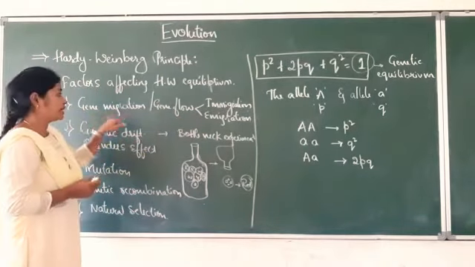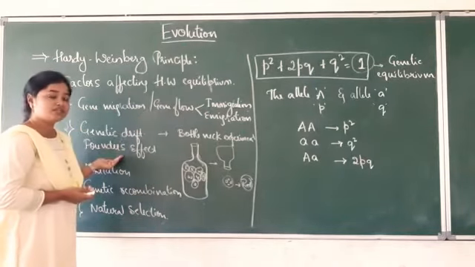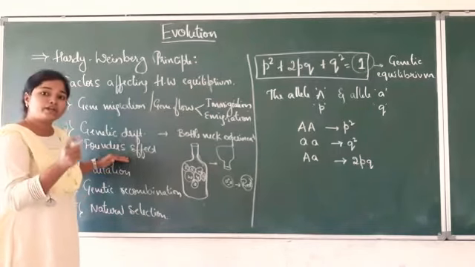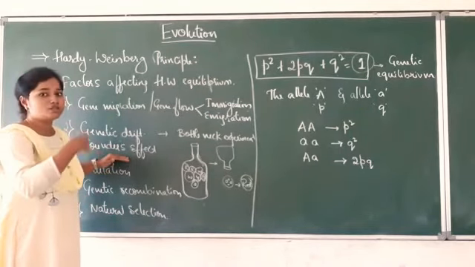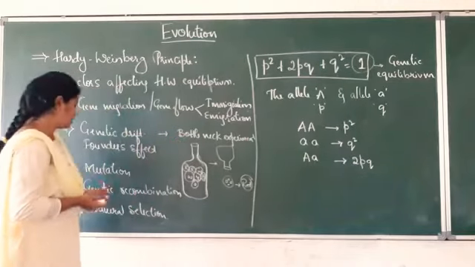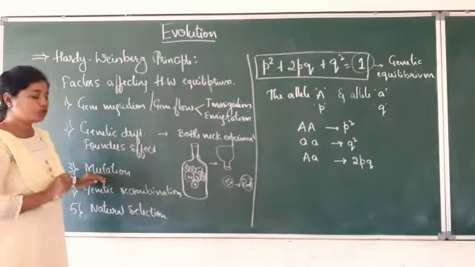If the gene migration or the gene flow takes place by chance, then it is called genetic drift. It is also called the founders effect, as a few organisms become the founders of the new population. It is explained by the bottleneck experiment. Then mutation, the sudden change in the gene, is called a mutation.